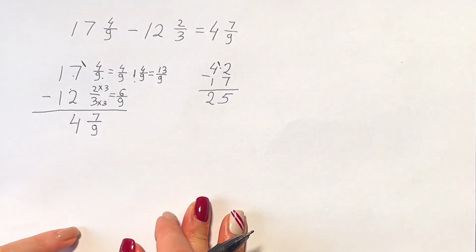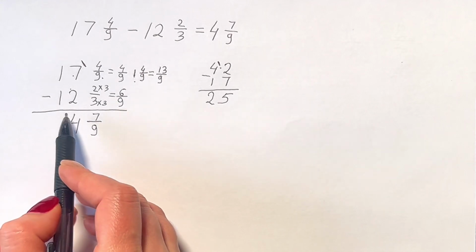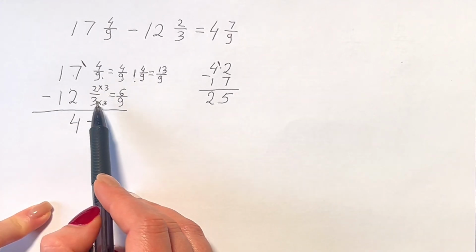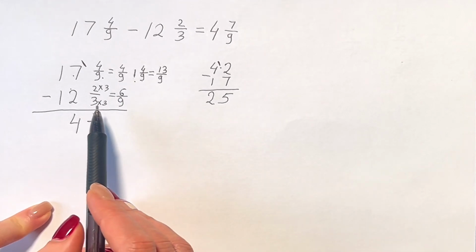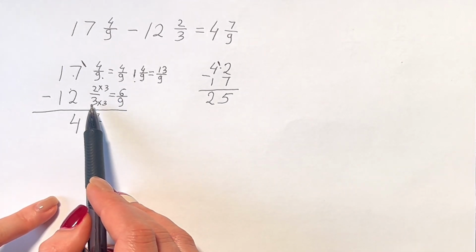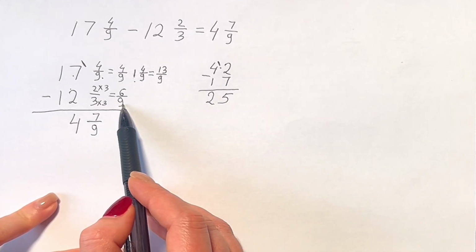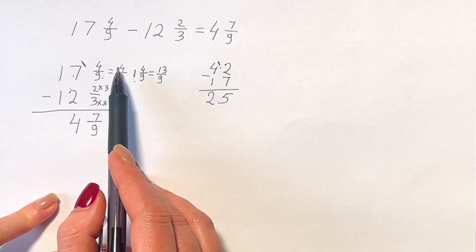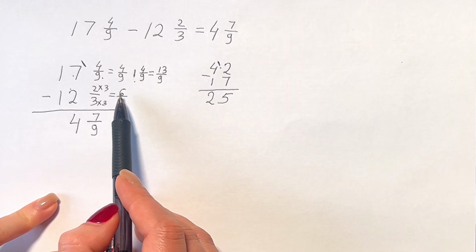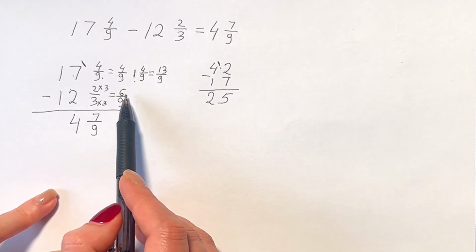Let's review what we did here. So first of all, we line up the mixed numbers. We make the denominators the same by multiplying the second fraction's denominator and numerator by 3. Then we had the same denominator, but the first numerator was smaller than the second one. We couldn't subtract it. We will get a negative number.